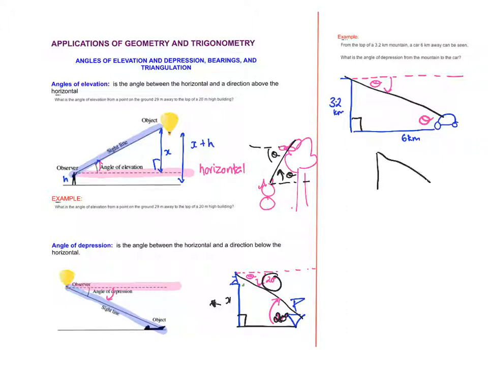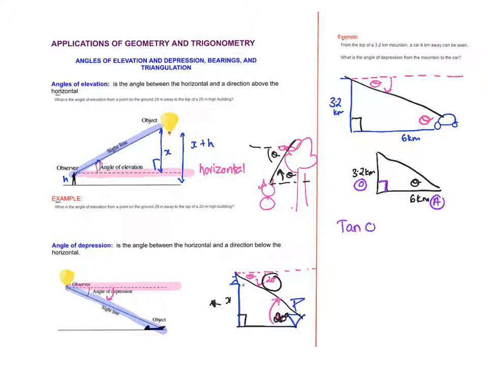Once you've got your scenario out with your little diagram, you might just simplify it and go, right, this is what I've got. I've got 6 kilometres and I'm looking for that. So you label up your triangle like you used to. I've got opposite and adjacent and I'm using a right angle. Which one would I use? Tan, good.